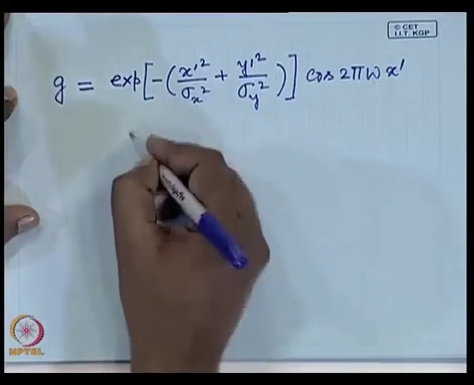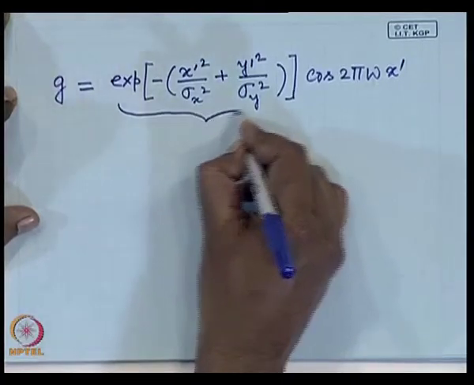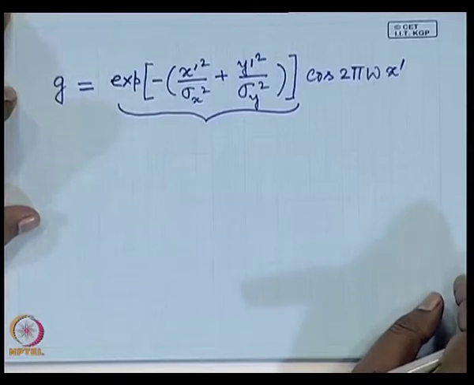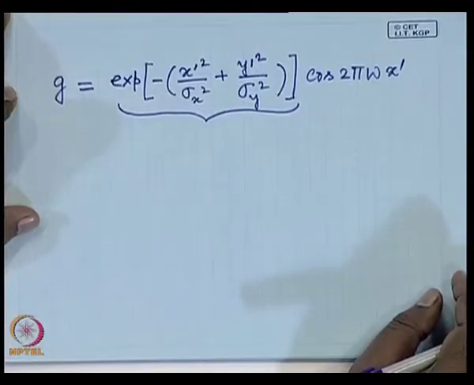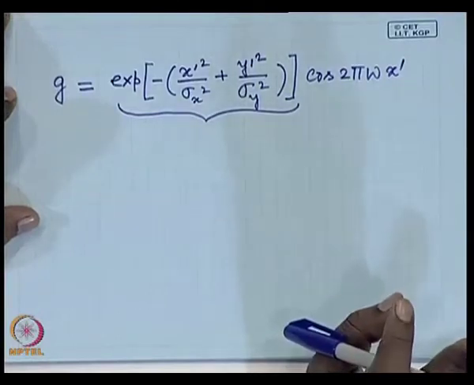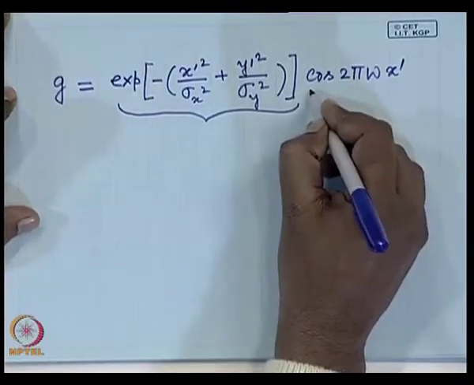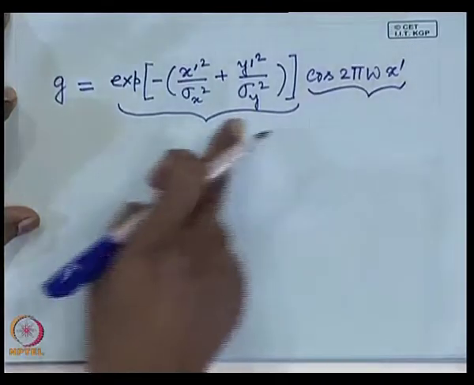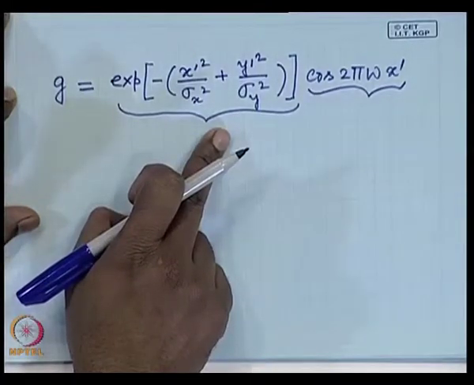Okay. So, here you find that this term is nothing but a Gaussian envelope in 2 dimensions, centered at 0, and this is a cosine term which actually modulates this Gaussian envelope. Okay.